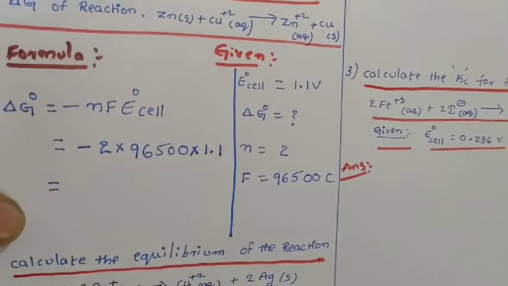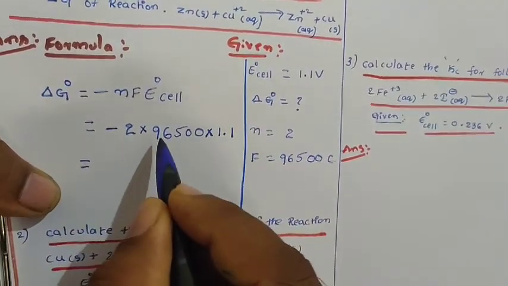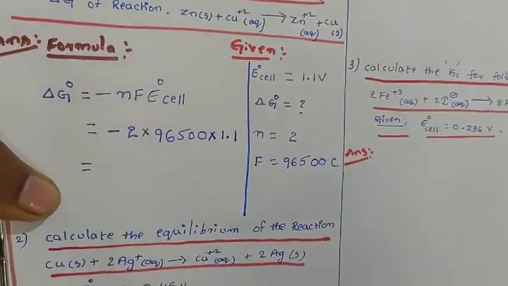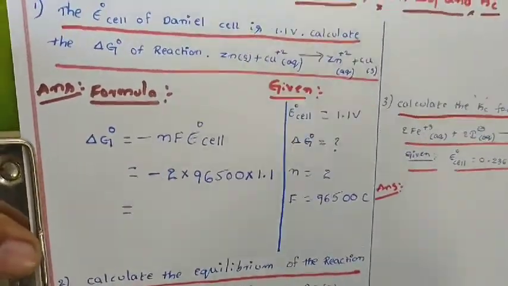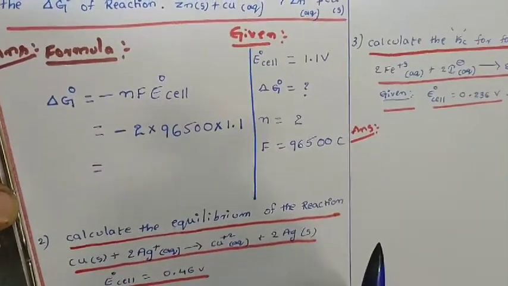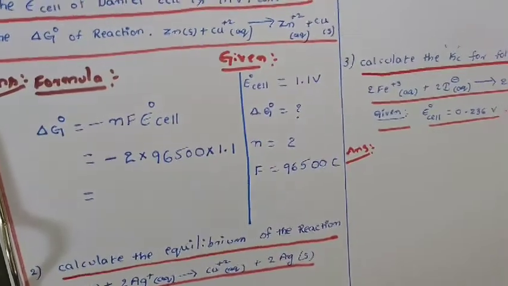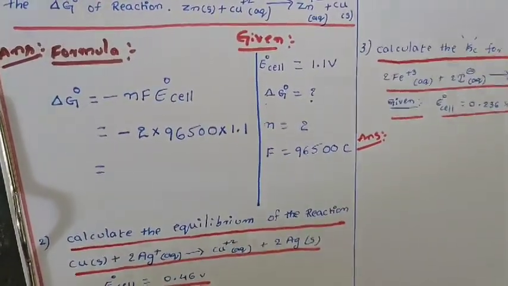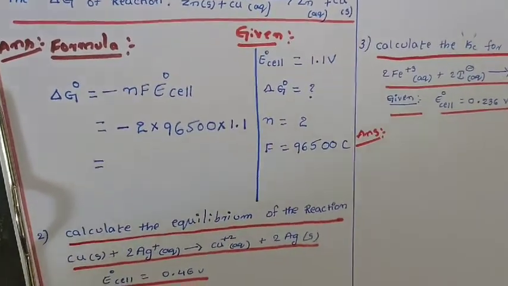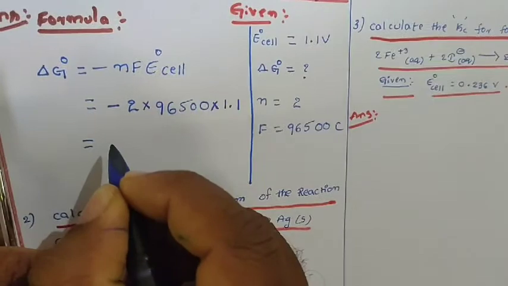Multiply 2 into 96,500 followed by 1 into 1.1 volt.